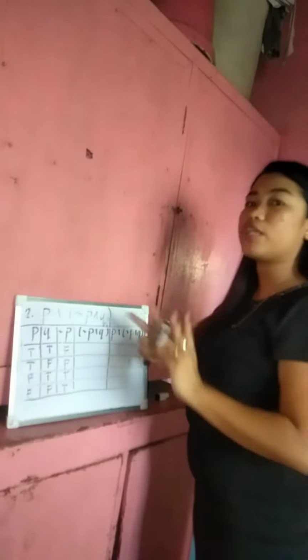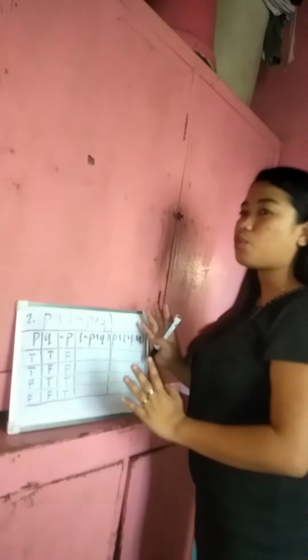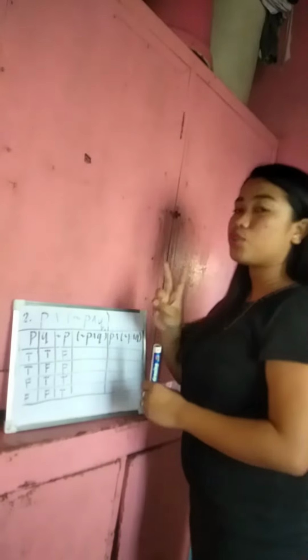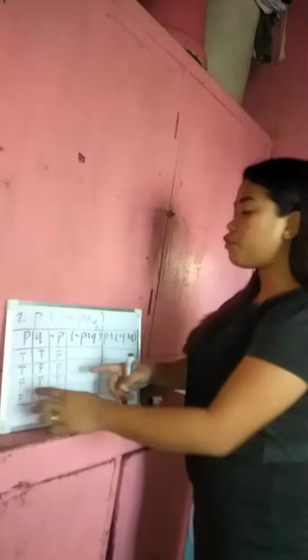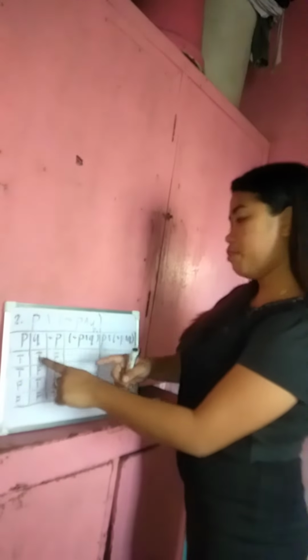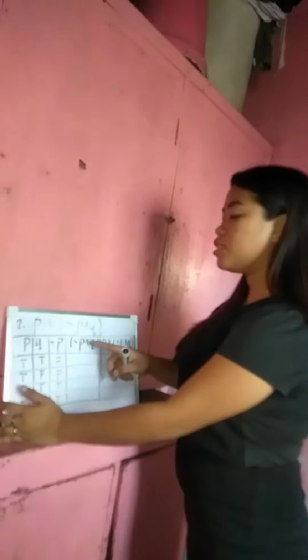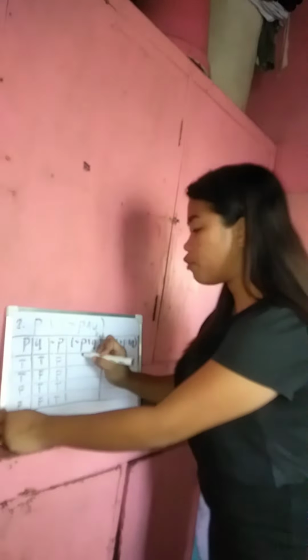So both must be true. Now, if both statements are false, the entire statement would be false. So both must be true. If one is false, the entire statement would be false. So our focus is this one and this one, because we will find the negation of P and Q. Since this is false and one is true, the entire statement would be false, because both must be true.